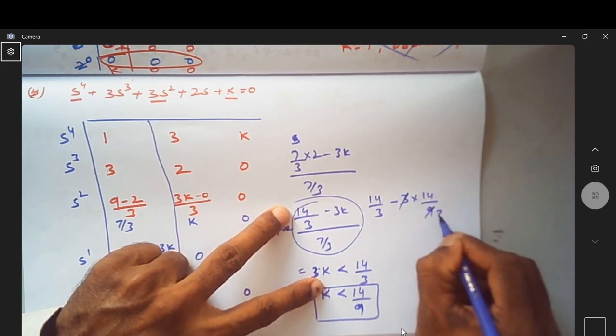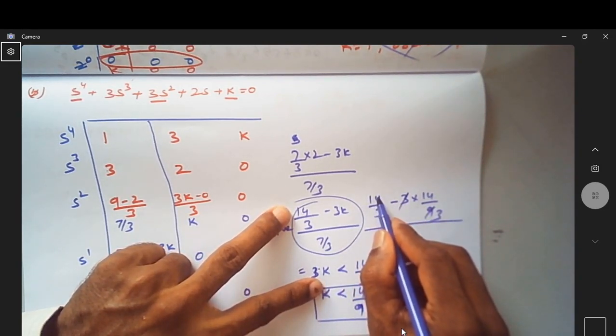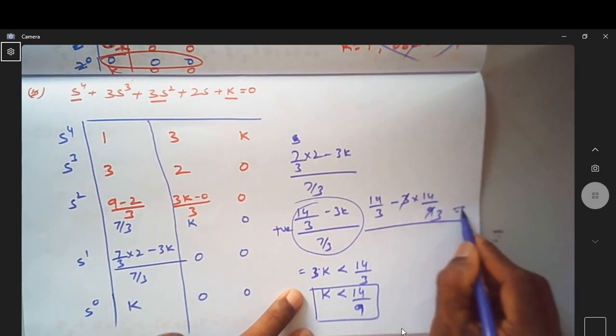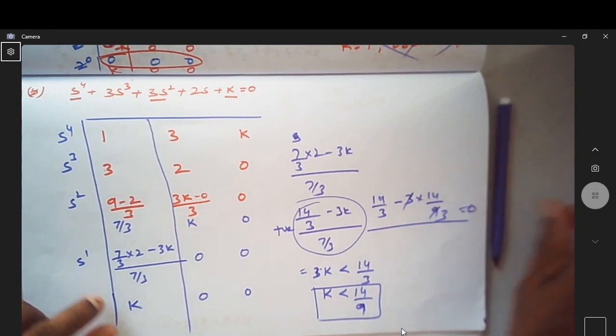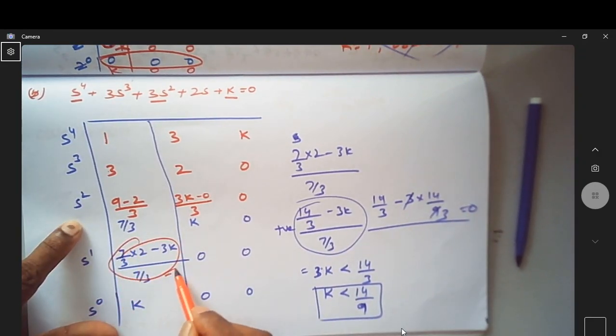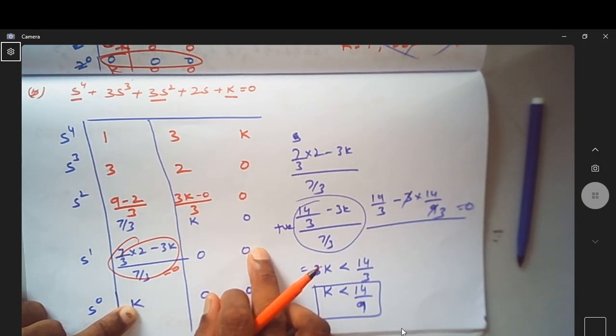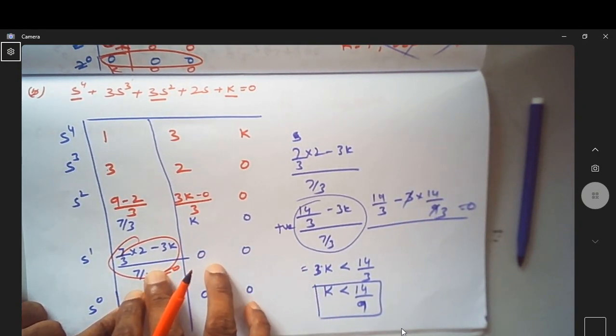So now 14 by 3 minus 14 by 3, will it actually become 0? If it becomes 0, does this term become 0? If this becomes 0, do you have the 0, 0, 0 condition which ends with the auxiliary equation?